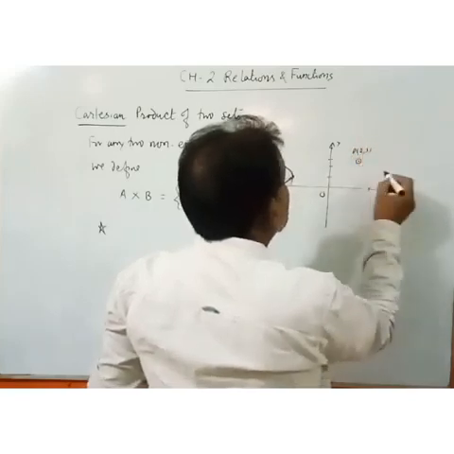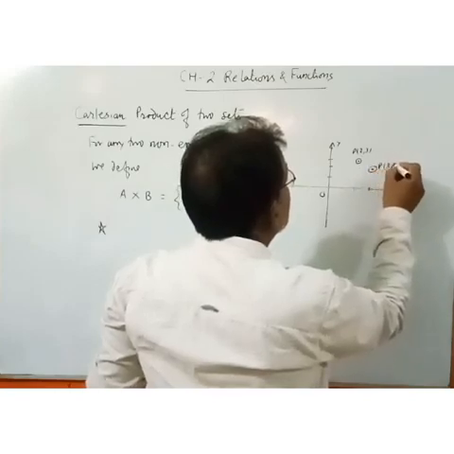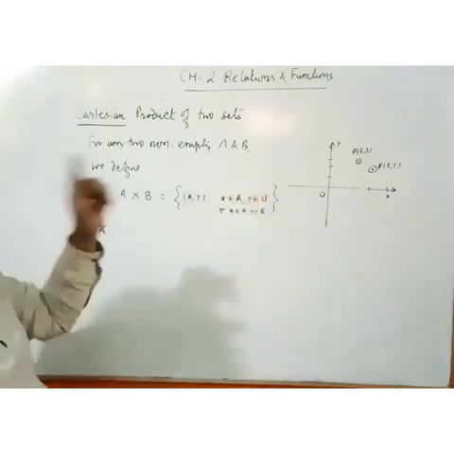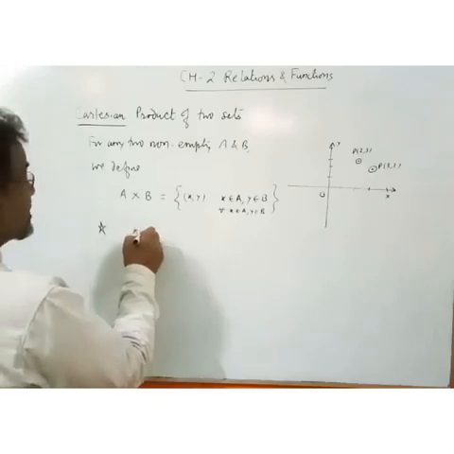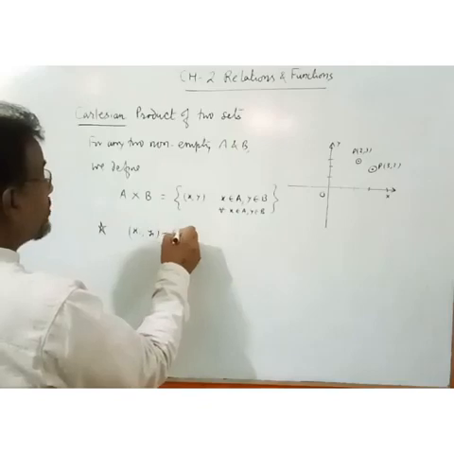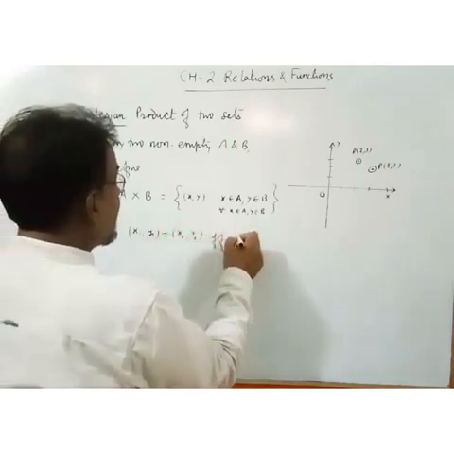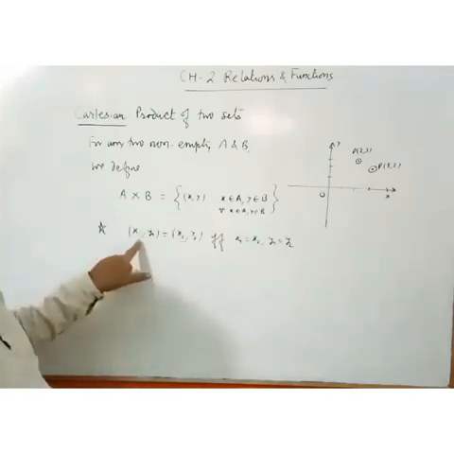If we take (3, 2), the location changes. So (2, 3) and (3, 2) are never the same. In the same way, (x1, y1) is equal to (x2, y2) if and only if x1 is equal to x2, y1 is equal to y2.